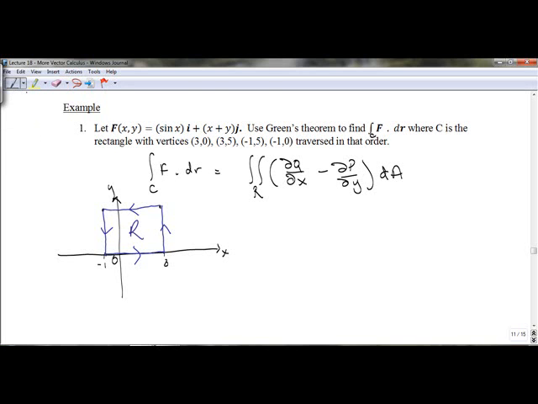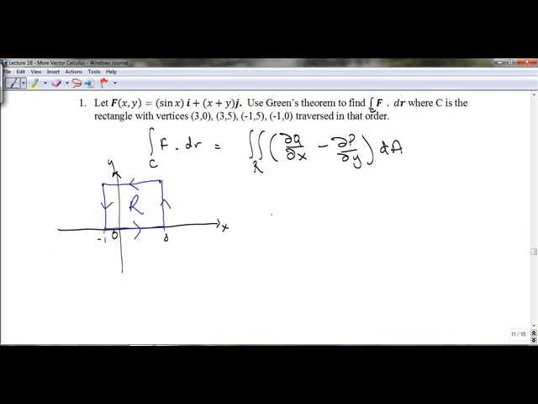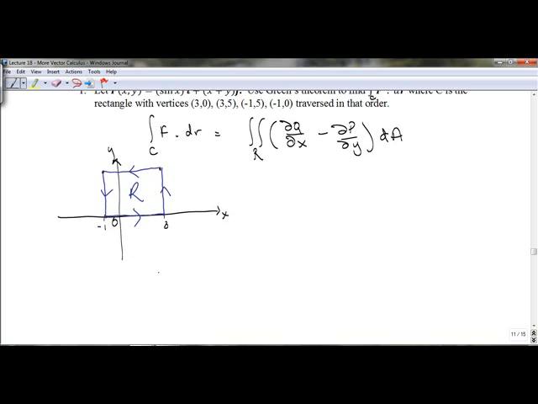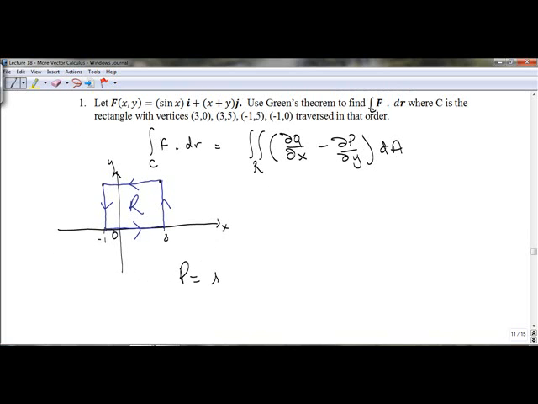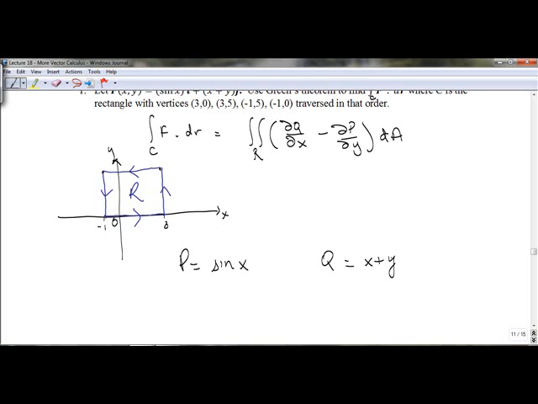First of all, you will need to write down what P and Q are. So P is equal to sine x. Q is equal to x plus y. Find the partial of P with respect to y. What's that? 0, yeah.